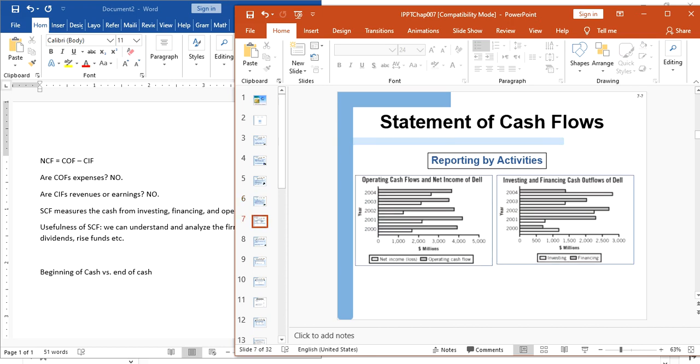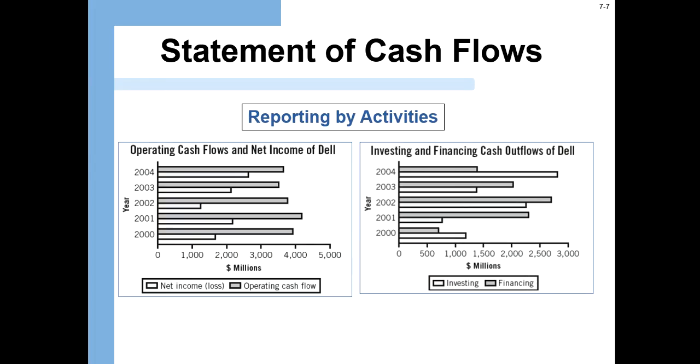So here is a graphical representation of the different activities' cash flows. Okay, so operating cash flows and net income of Dell company during these years. As we see, net income is less than the cash flows.